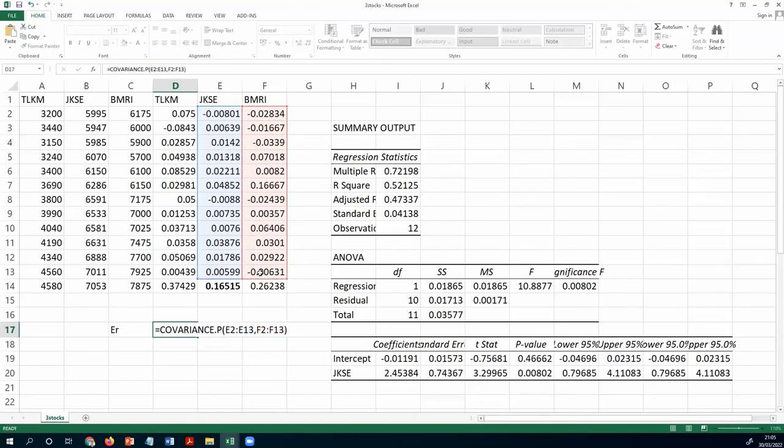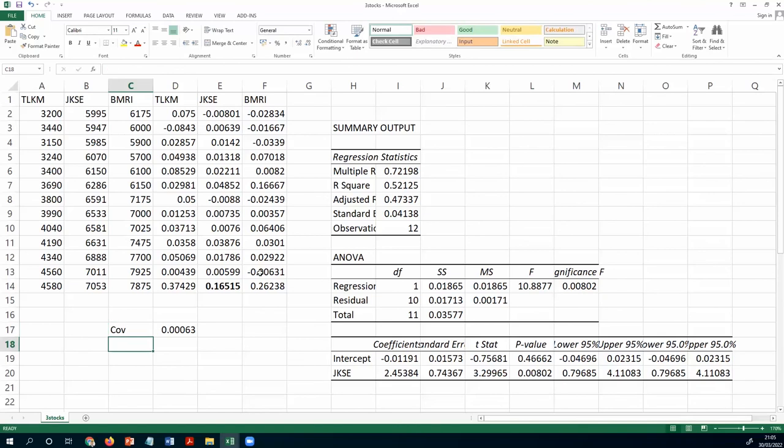Enter. This is covariance, and then the variance will be the variance of the Jakarta Stock Exchange. Okay, this is the beta, equal to covariance divided by variance. So this is a much easier way.